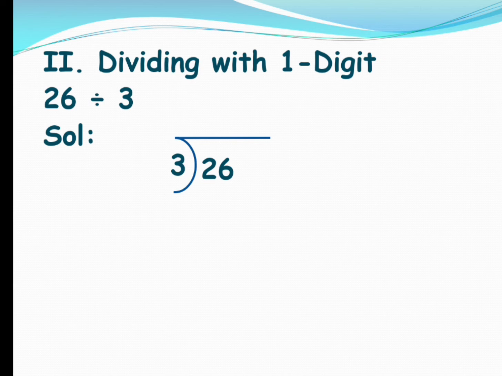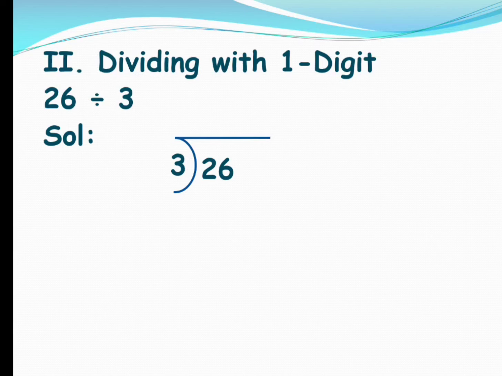Okay, first, for divisions, children, you have to start the sums from your left side. Okay, so 26. So in tens place you have 2. 2 is less than the divisor, isn't it? 3 is more, 2 is less. Then you will take the next digit, will combine, and 2 6 becomes 26.